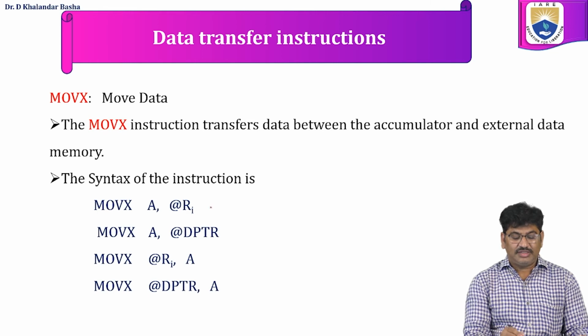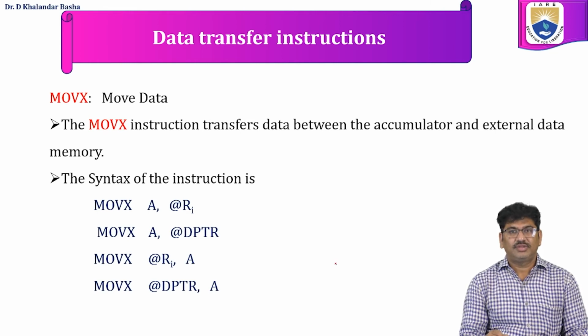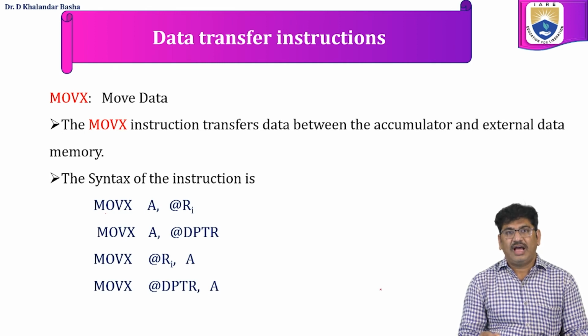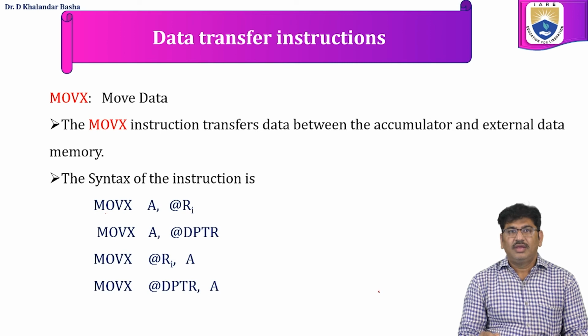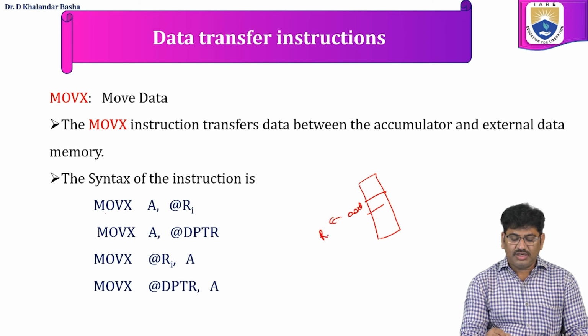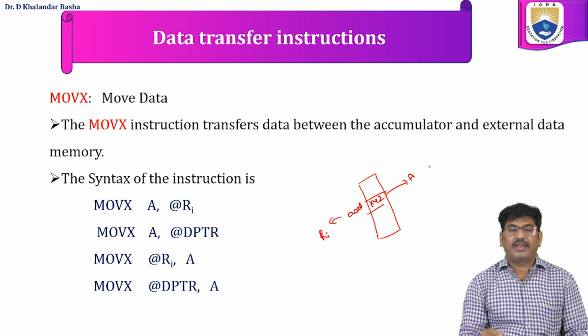Now we will see the syntax with a few examples. MOVX A, @Ri, where Ri can be any one of the registers R0 to R7. So the external memory address is loaded into the Ri register. These contents are loaded into the accumulator.